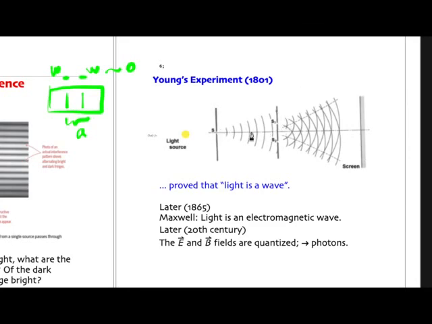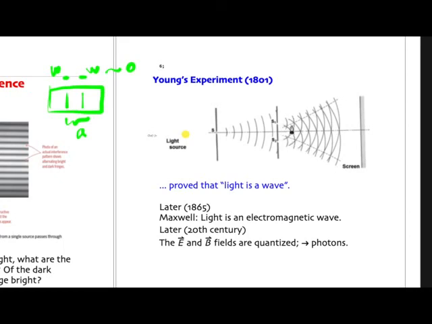This is the top view, this is the side view, and the sunlight would be partially going through slit 1 and partially going through slit 2. In other words, slit 1 acts as a source. Slit 2 acts as an identical source. And the waves coming out of those two sources will form cylindrical wavefronts.